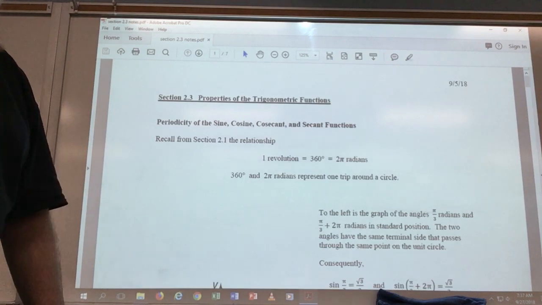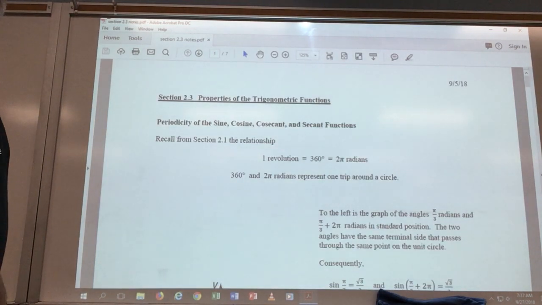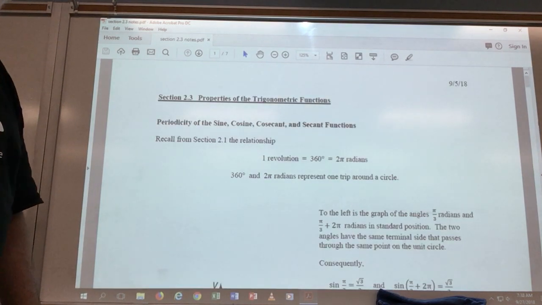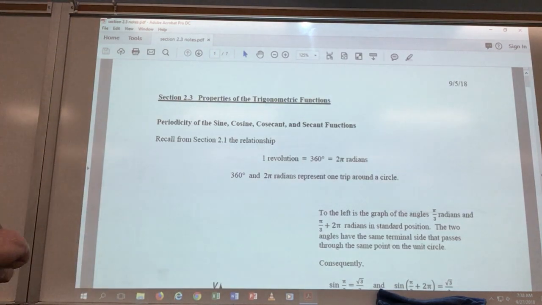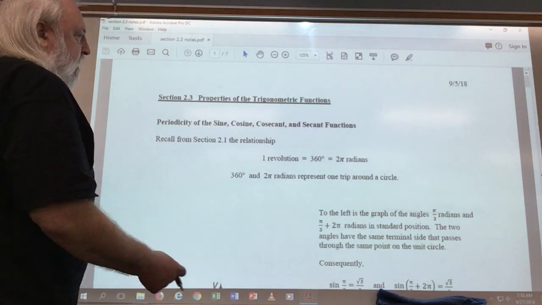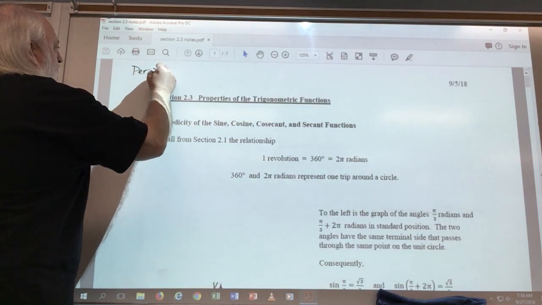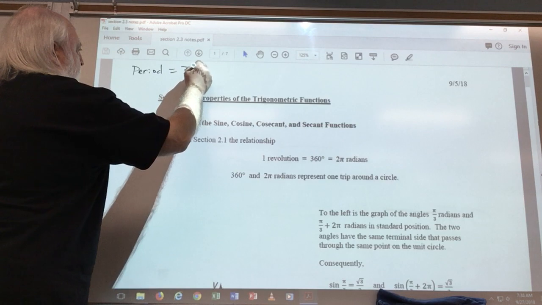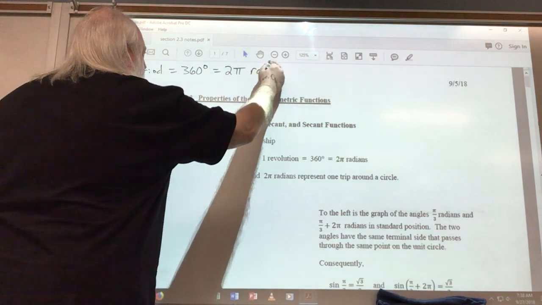The trigonometric functions are periodic, and what that means is their values repeat every so often. So in the case of sine, cosine, cosecant, secant, they have a period of 360 degrees or 2 pi radians.